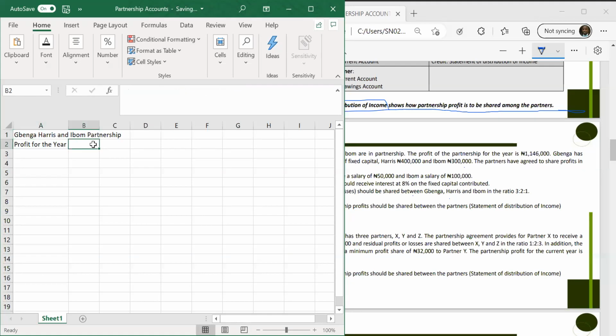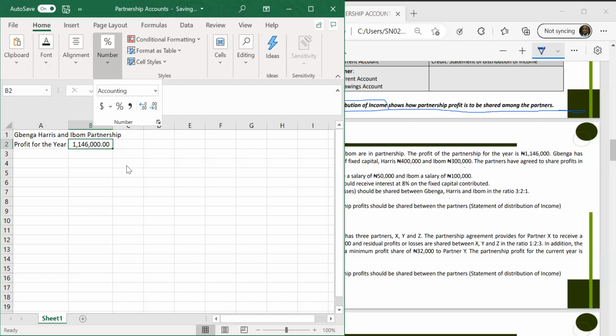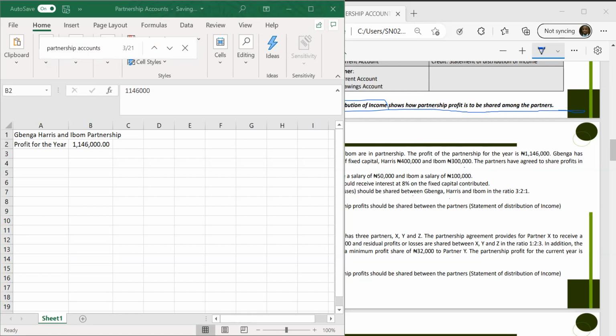So profit for the year is 1,146,000 naira, the total profit that they made for the year.